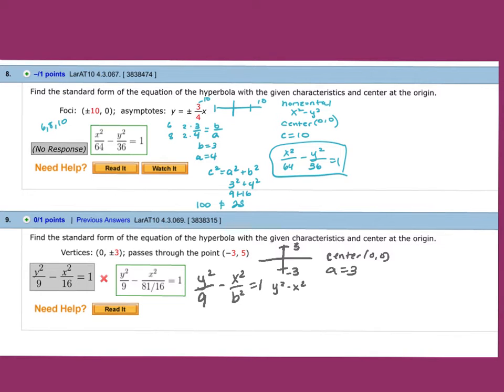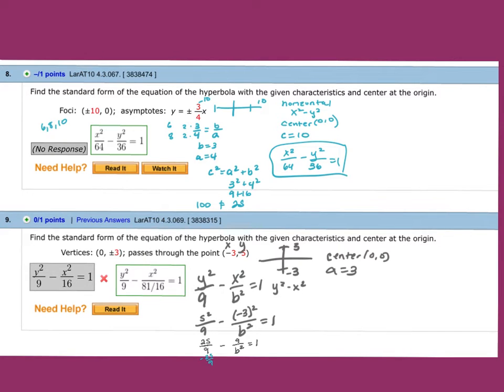I don't know B, but I know an X and a Y. So if I plug those in, the Y is 5 over 9, minus the X is negative 3 over B squared equals 1. So it's 25 over 9 minus 9 over B squared equals 1.